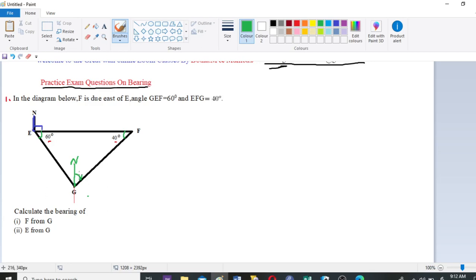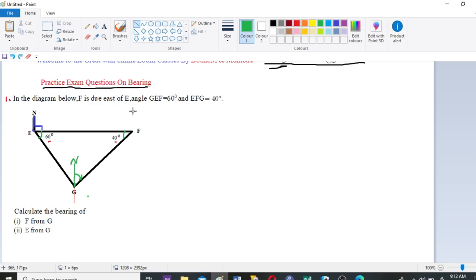So how am I going to calculate this size here? This is where you need to introduce a north line at F as well.